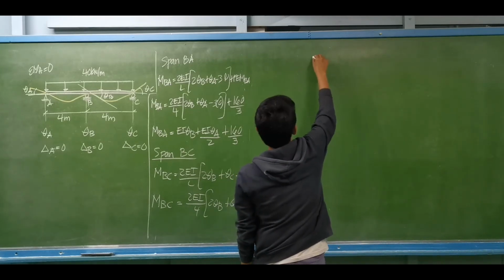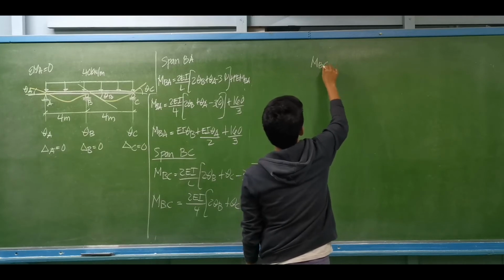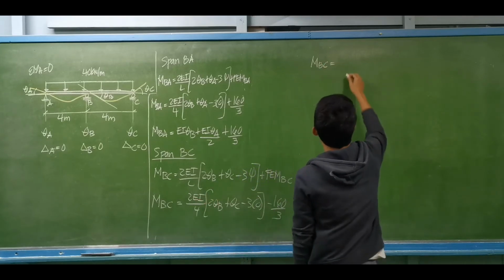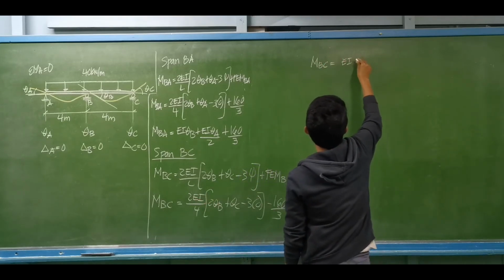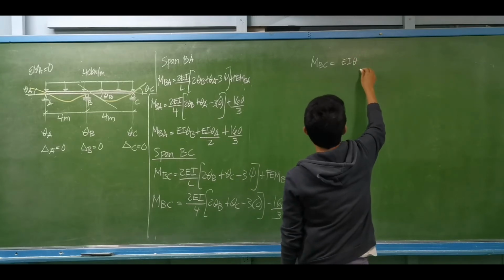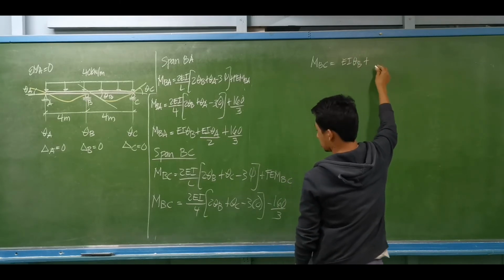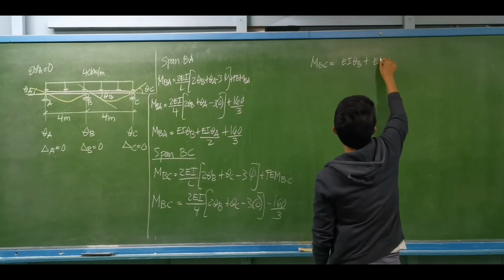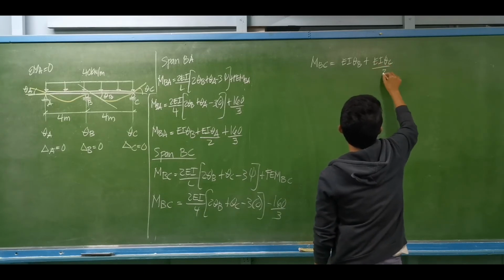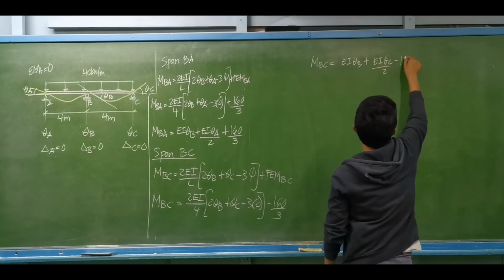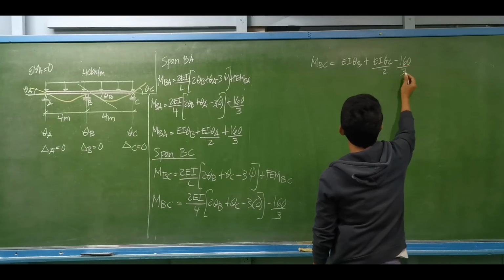So we have now the equivalent of moment BC is equal to EI theta sub B plus EI theta sub C over 2, minus 160 over 3.